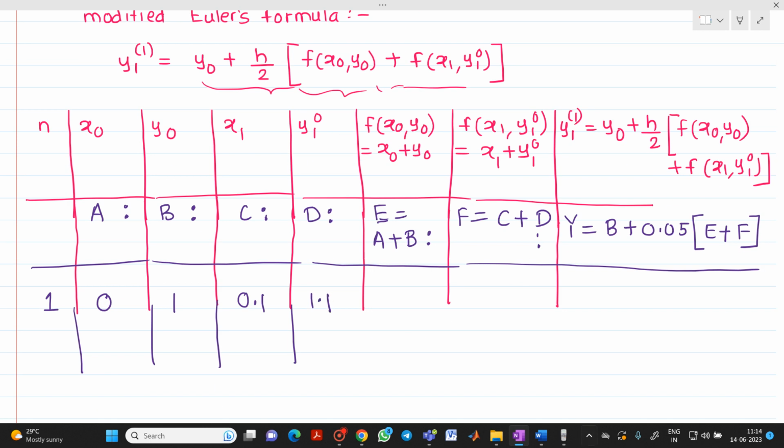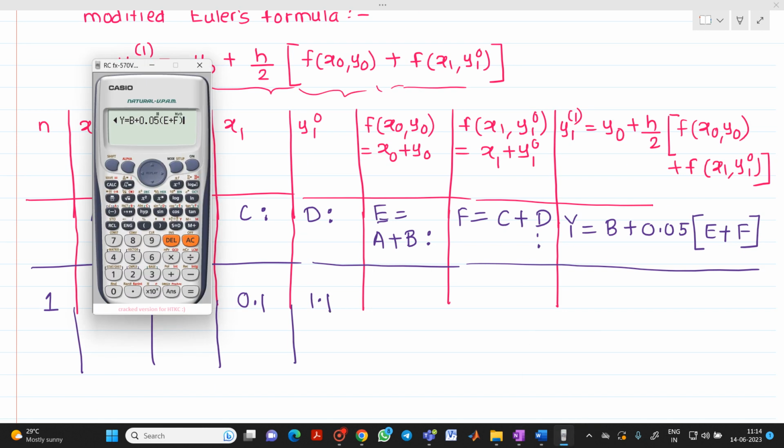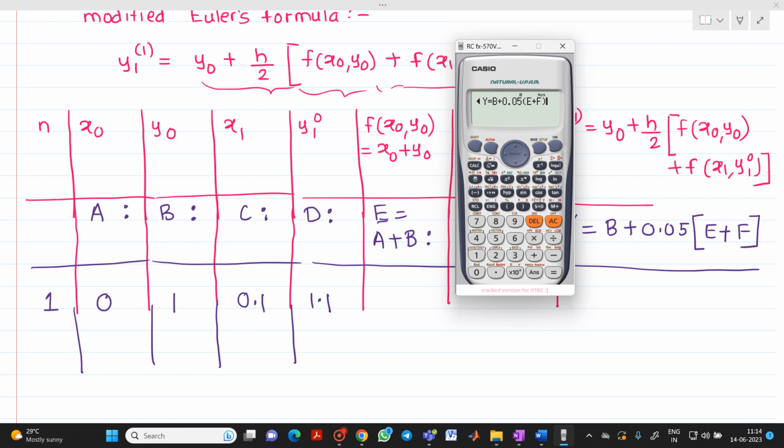Okay, so what we will do now, while substituting, please see it carefully. While substituting this value in this function whatever we have created, we have to press CALC. So it will ask a question mark. What is the value of a? 0. Press equal to. What is the value of b? 1. Press this equal to sign.